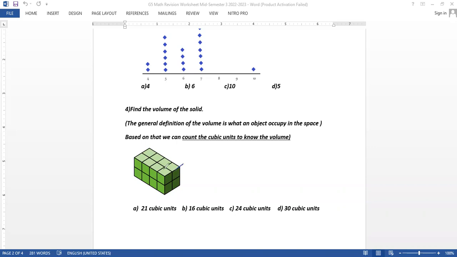Here, in the up layer, we have 1, 2, 3, 4, 5, 6, 7, 8. And we have 8 below them, but some of them we cannot see. So 8 up and 8 down. So it's 16 cubic units. So the answer is B, 16 cubic units.